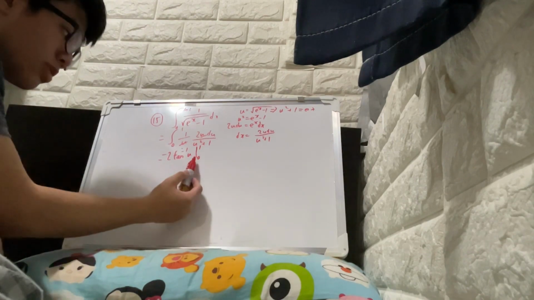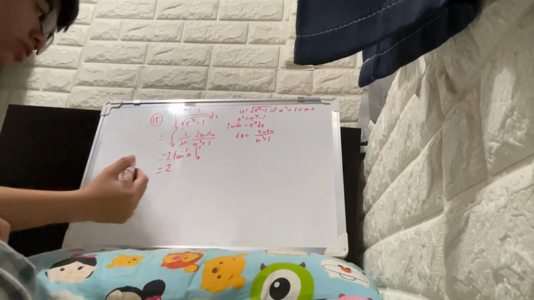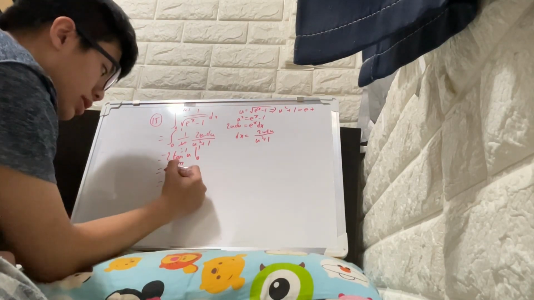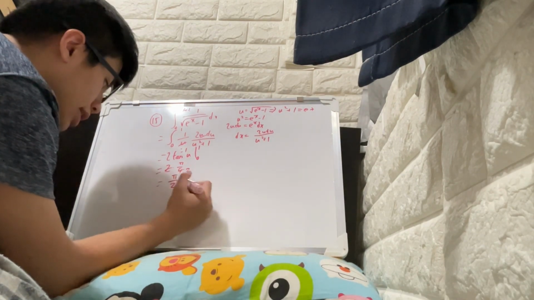If you plug in 0, you get 0 here, and if you plug in 1, inverse tangent of 1 is pi over 4, minus 0. So your answer reduces, and you're gonna get pi over 2 at the end.